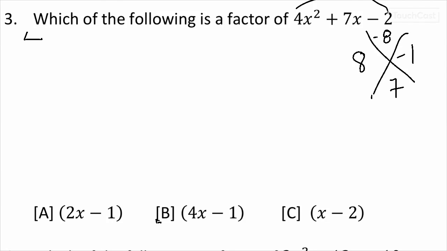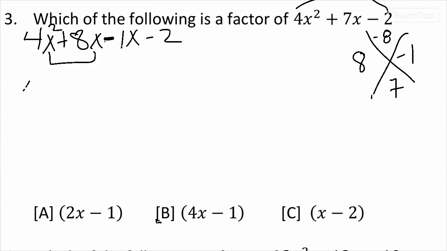I get 4x squared plus 8x, just kidding, minus 1x, and then minus 2. GCF is 4x.